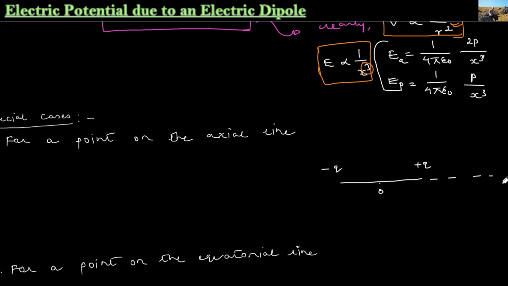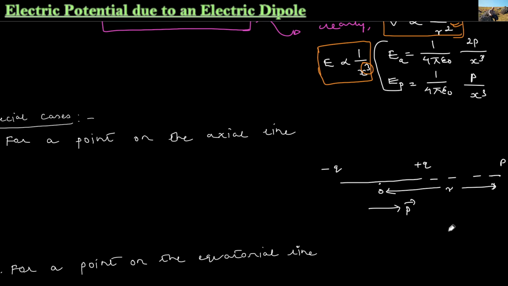If I take a point P on the axial line, then the electric dipole moment, always remember, is measured from minus charge to plus charge. So this is our electric dipole moment vector. And the distance from O up to P is that distance r.